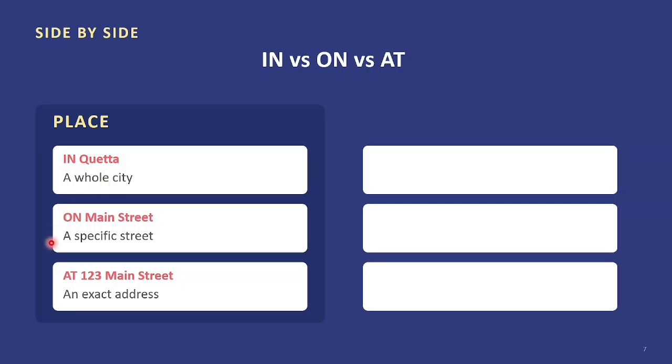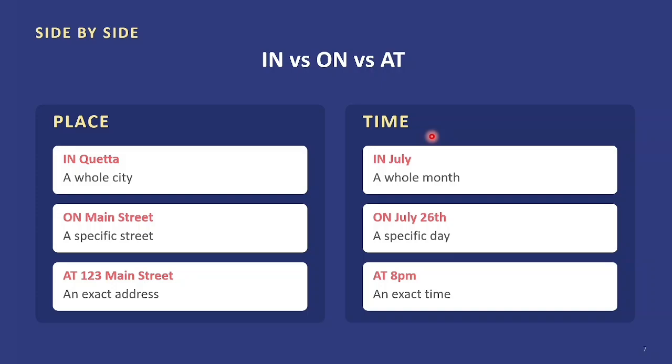For a specific street or a specific point, we use "on." For an exact address, we use "at." And for time, we use "in" for months. For an exact day or exact date we use "on," and for exact time we use "at."